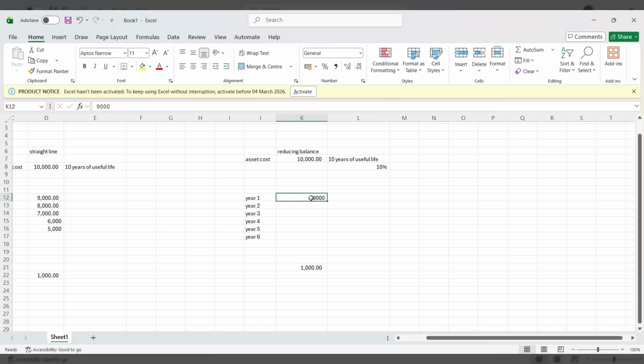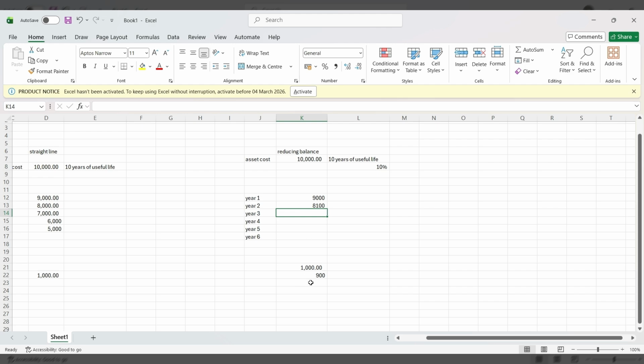Now we need to do 10% of 9,000, which would be 9,000 times 10%, which is 900. So 9,000 minus 900 would be 8,100. And it just keeps on going.